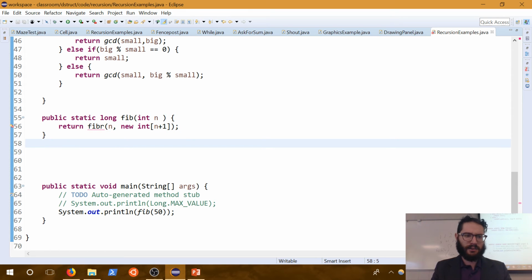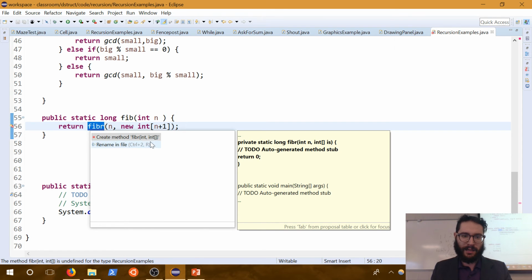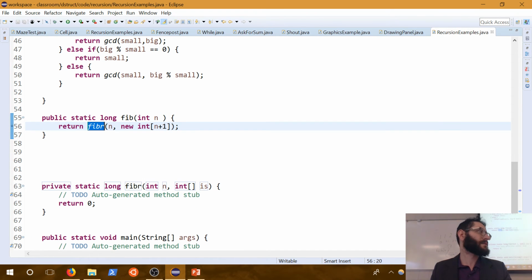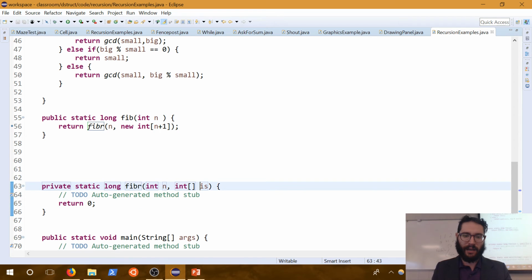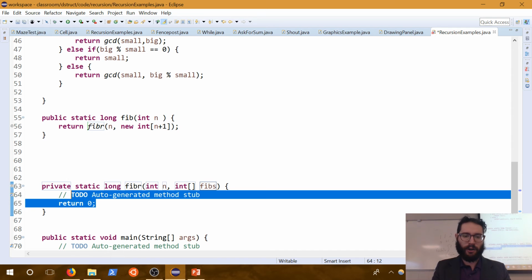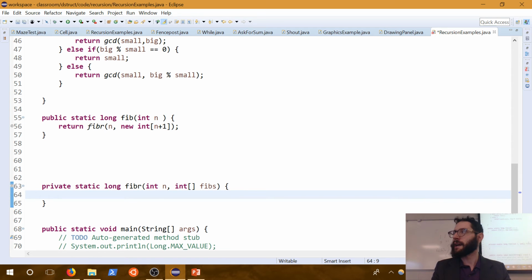The idea here is that we're going to create a private method that the user can't see, so they don't know how it works. But they don't need to. We just don't want them to accidentally do something like this. And this array is going to be called fibs. So this one is going to store all the previous Fibonacci numbers. Okay?